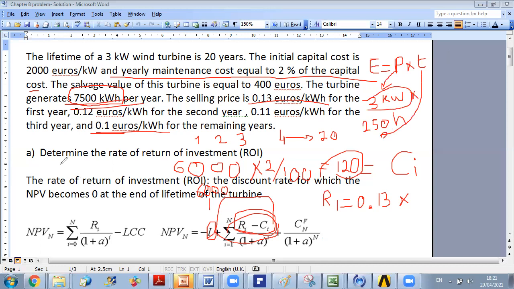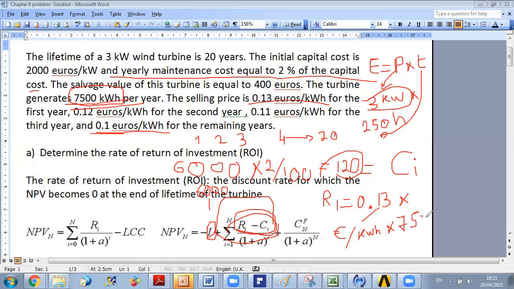Here it's directly given, so you just multiply by 0.13. The unit of 0.13 is euros per kilowatt hour, so you should multiply by the number of kilowatt hours per year to obtain the income for each year. So here we multiply by 7,500.